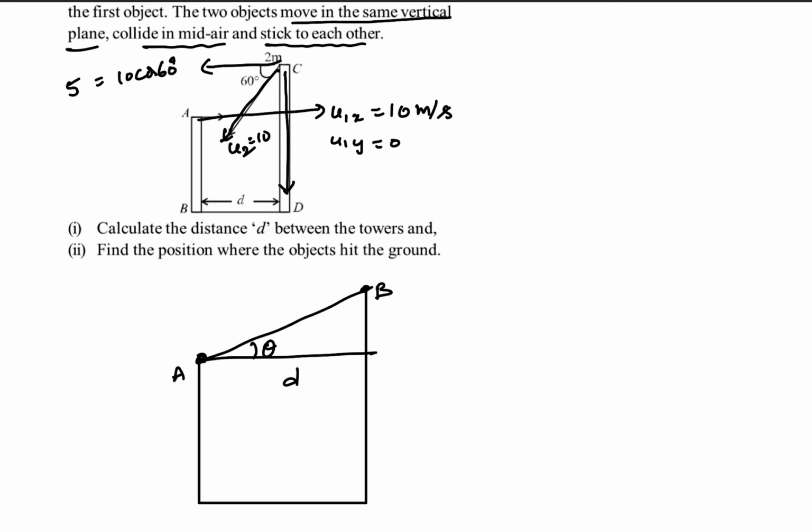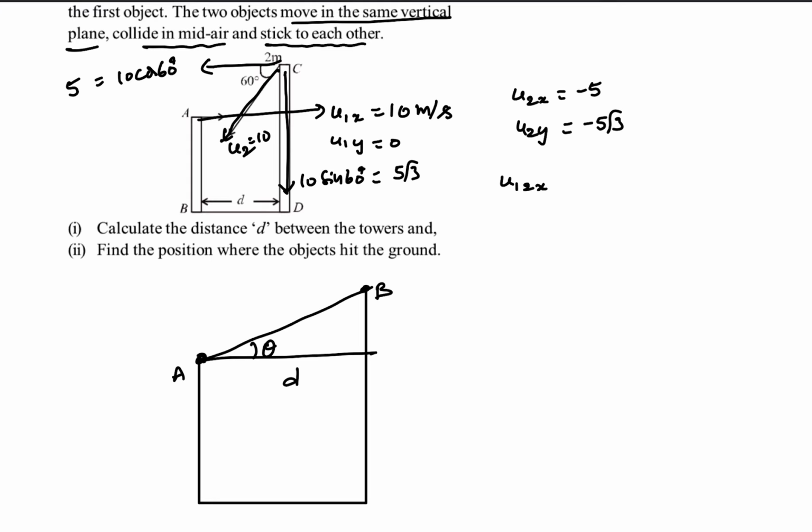So u2x is minus 5, and u2y is 10 sin 60 degrees, which is 5 root 3, so minus 5 root 3.